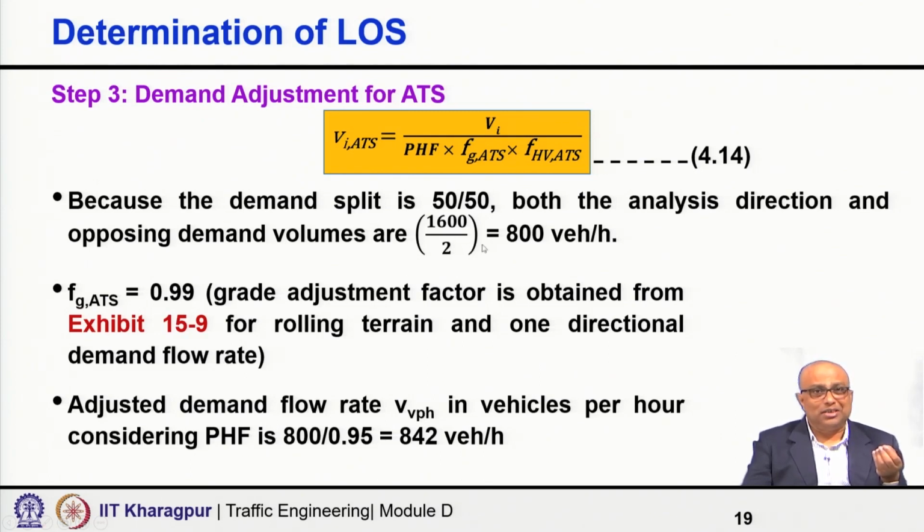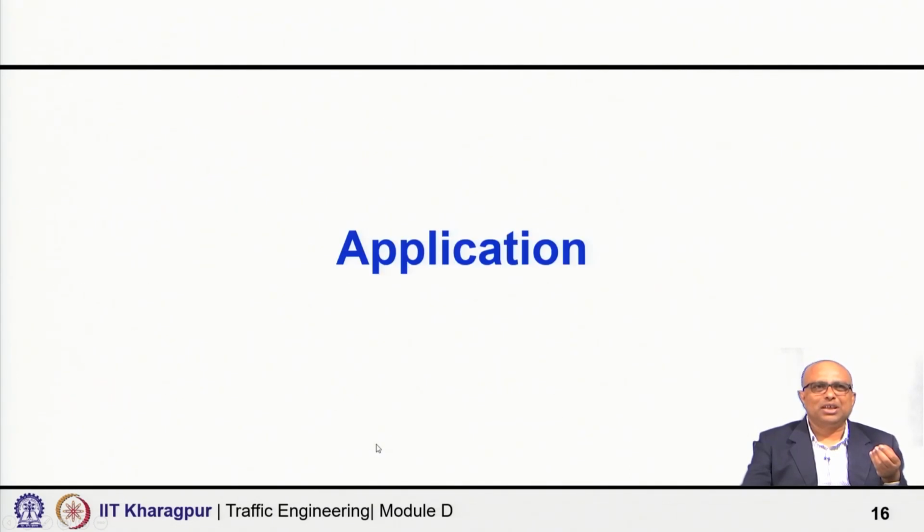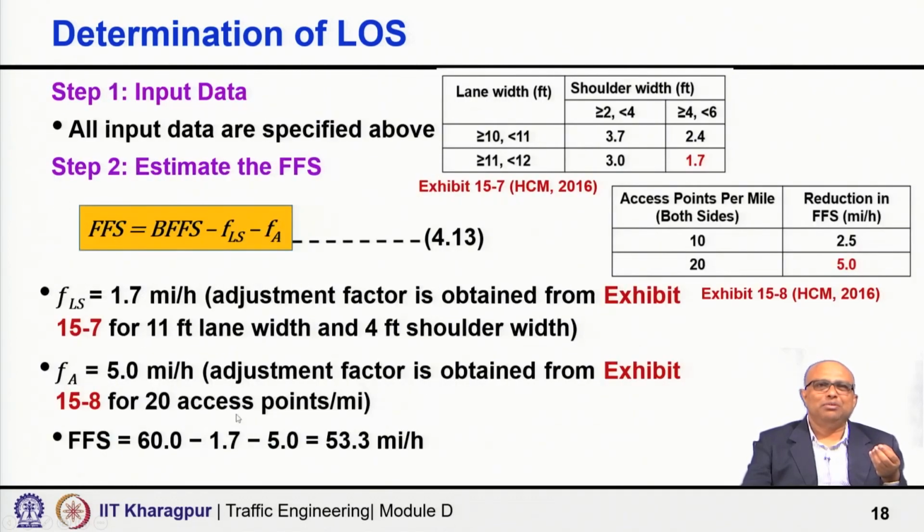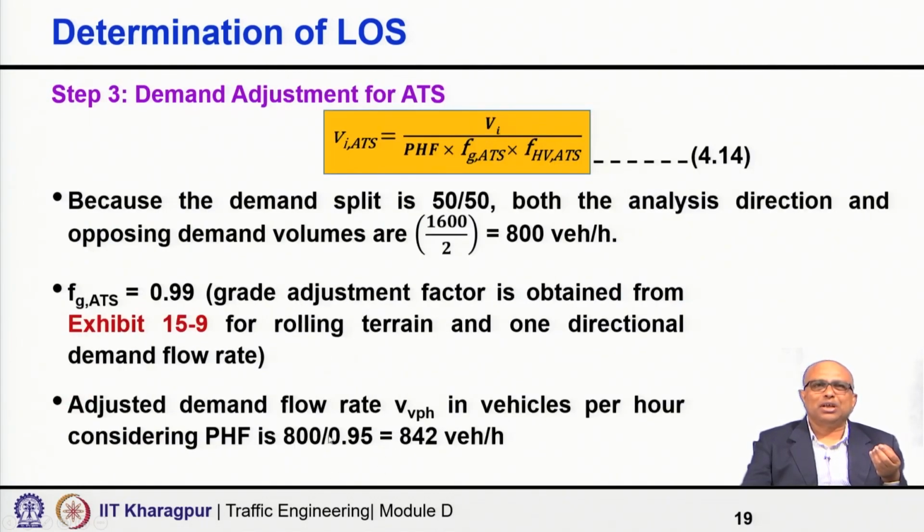This is not 800. This demand flow rate considers the peak hour factor, which we know is 0.95. So, considering the peak hour factor of 0.95, the equivalent vehicle volume per hour is 842.